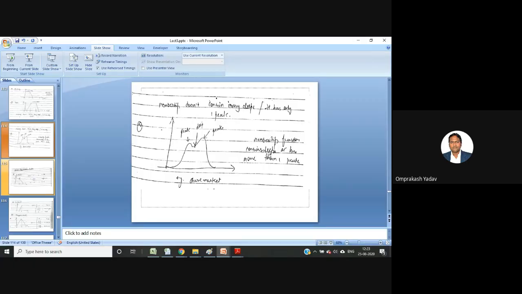So this also you can write: membership function contains dip or has more than one peak.